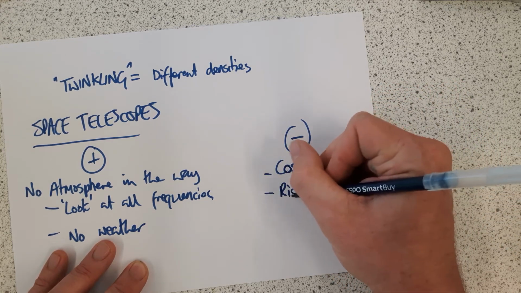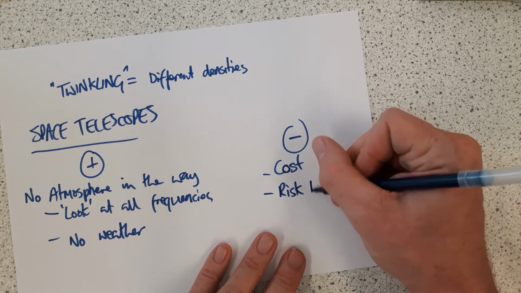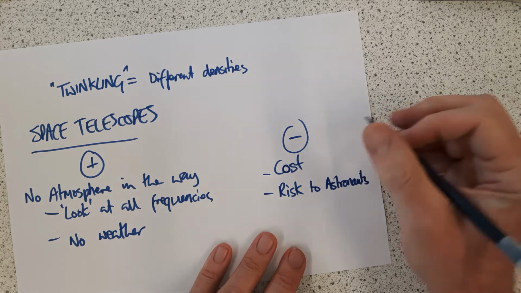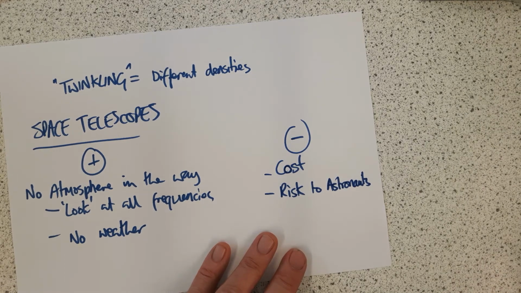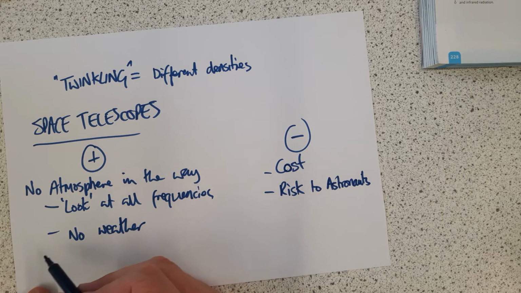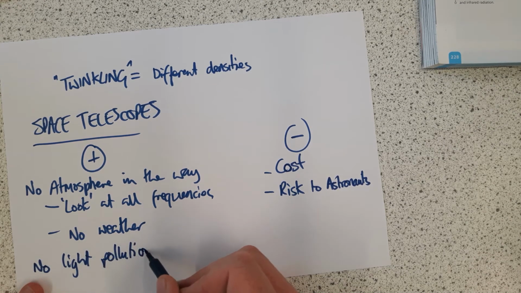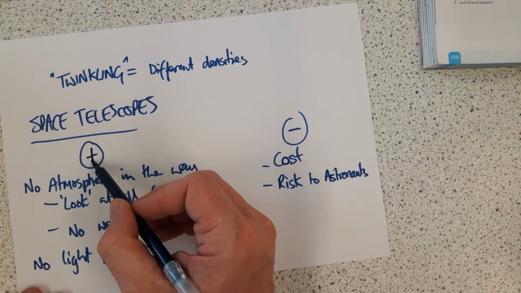There is a risk to astronauts taking it into space, because space travel is a very dangerous and precarious activity. The other advantage of space telescopes is there's no light pollution. On Earth, street lights, house lights, etc., will cause light pollution, and you want the darkest place possible.